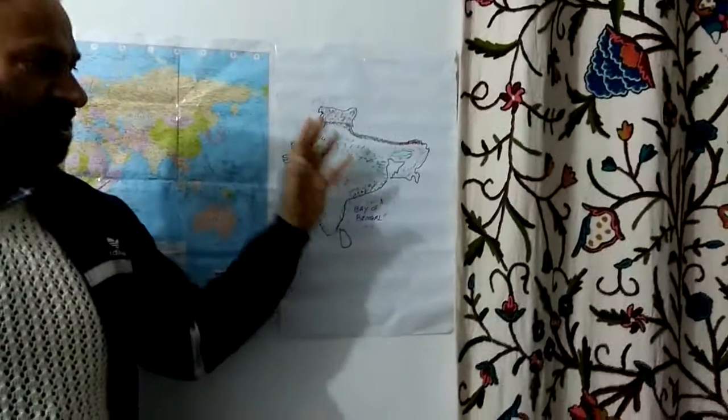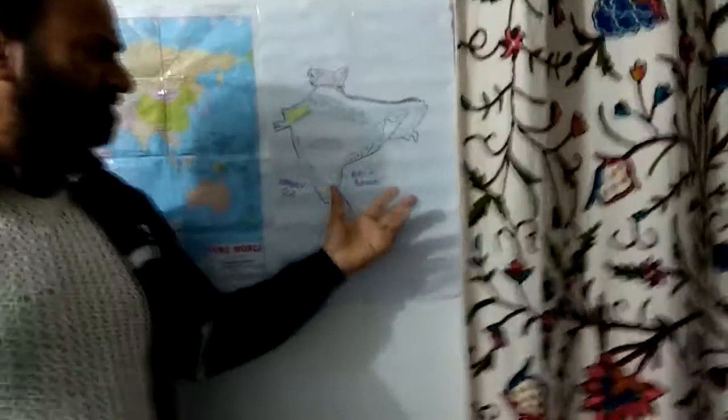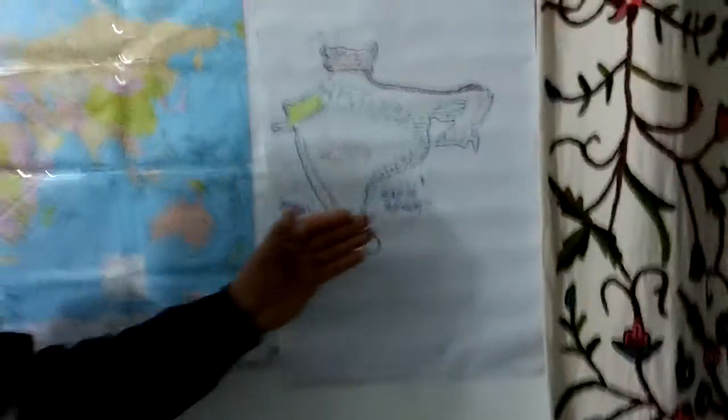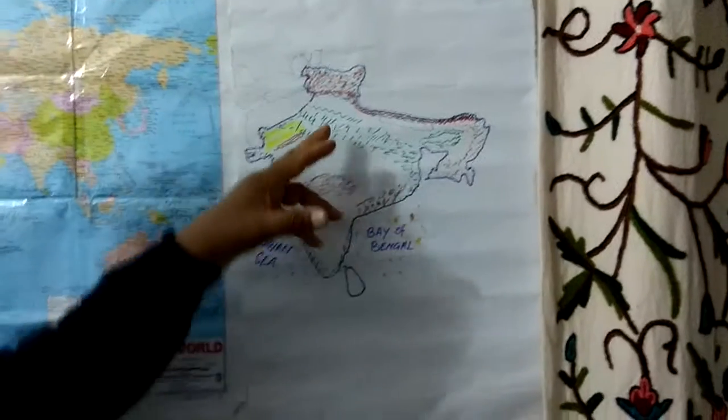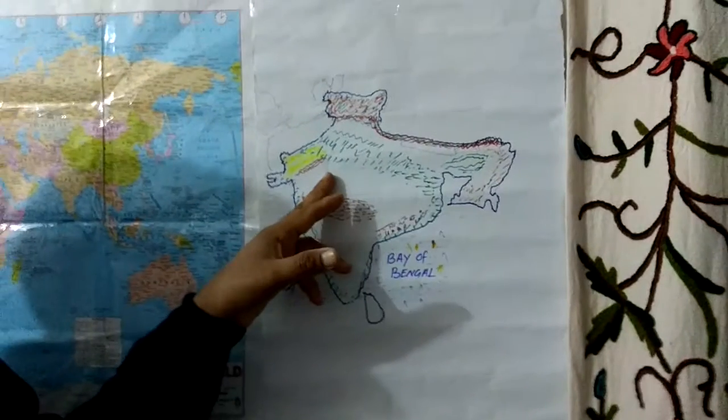Dear students, he has said that this great Himalayan mountain range is always our protector. In geography, all the water vapors and climatic situations are controlled by this barrier.